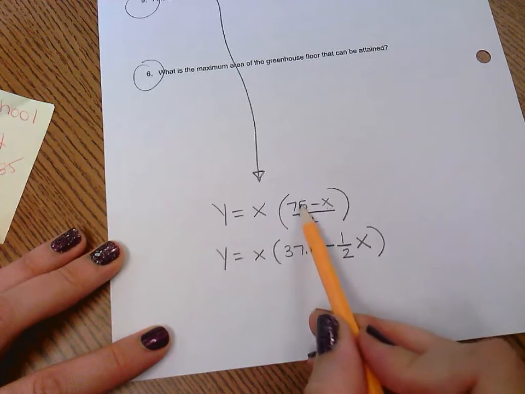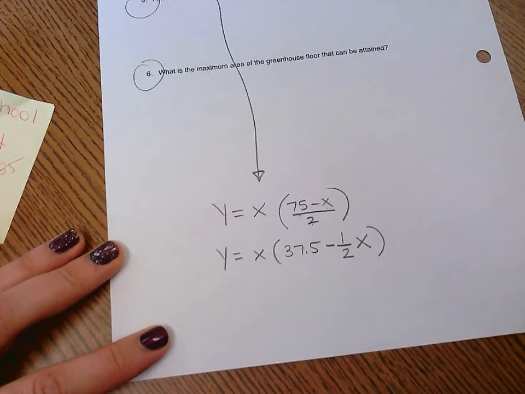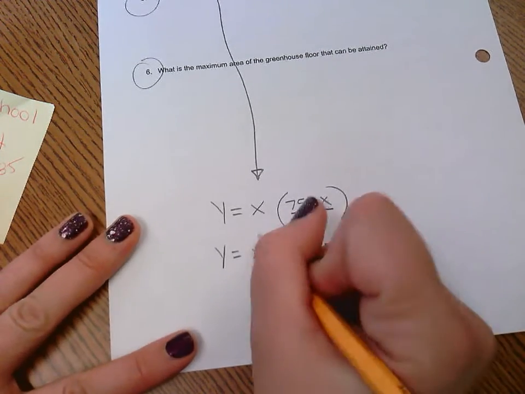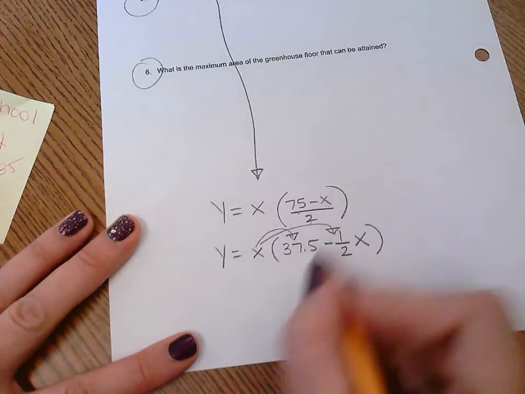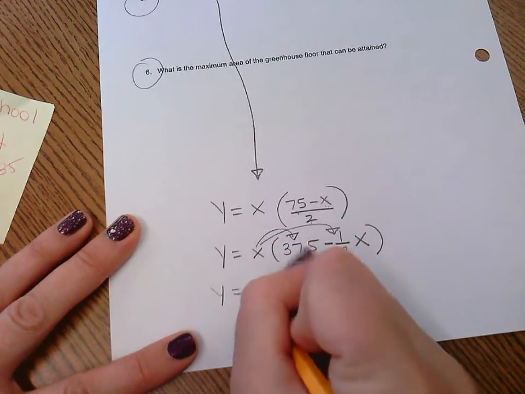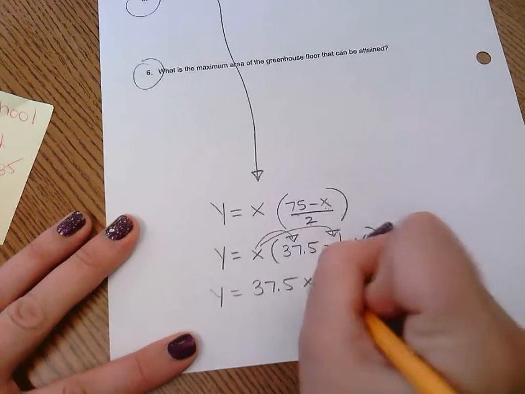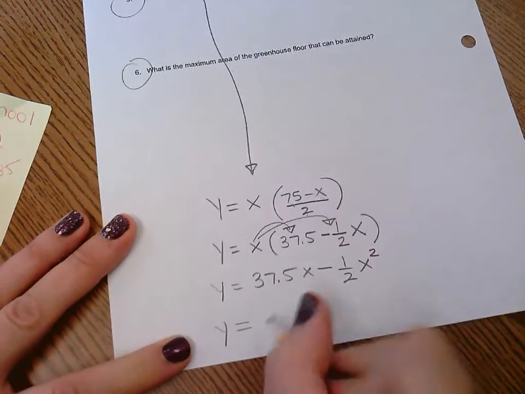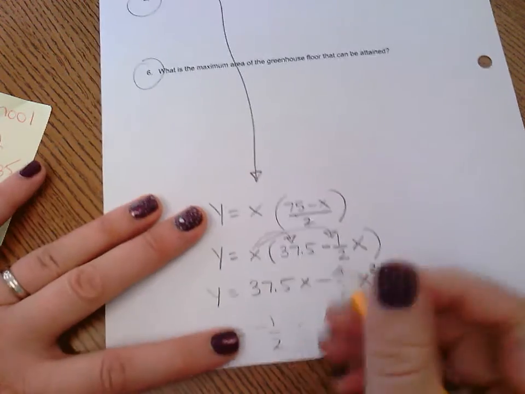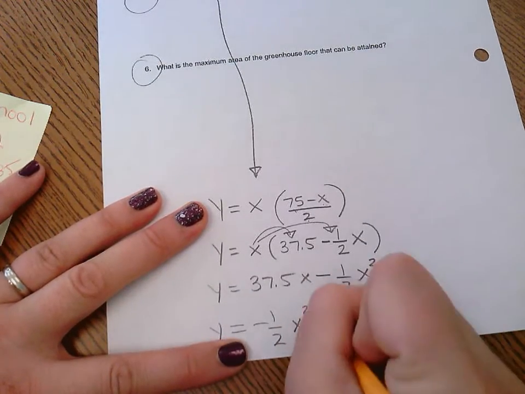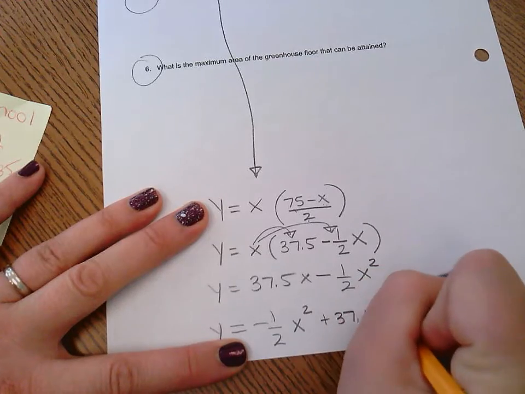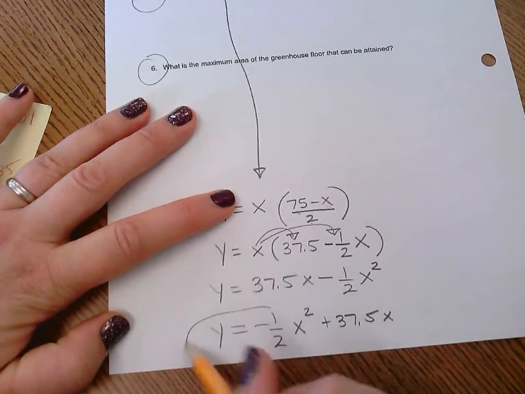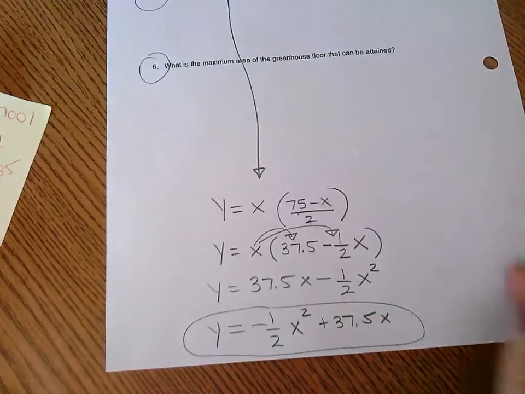I can take each of these pieces and divide them by 2. Now I can distribute my x. So I have 37 and a half x minus 1/2 x squared. If I want to finish by putting it in standard form, negative 1/2 x squared plus 37 and a half x. This is an upside down parabola, right?